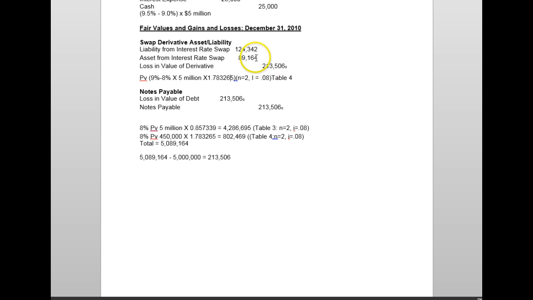So this entry sets up to counterbalance the notes payable here. Now, notes payable, if I compare to the 8% versus the 9% and my present value, again, what am I doing? I'm trying to pull things down here.